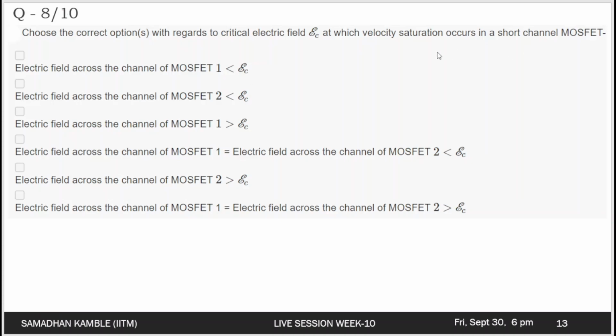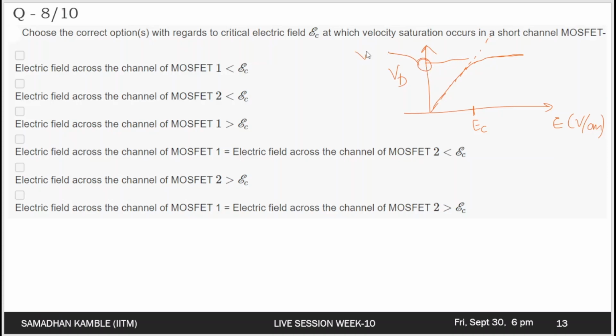If you plot the drift velocity versus the electric field in volt per centimeter, ideally we have a linear relationship, but at a particular electric field, say a critical electric field, the drift velocity saturates and attains a saturated value called VD saturation.